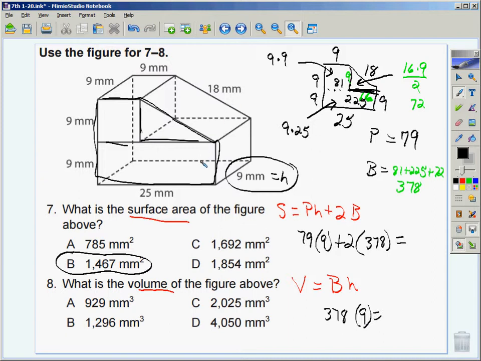Multiply the 2 together. 3,402. Is the answer there? This was a bad question because the correct answer wasn't there.